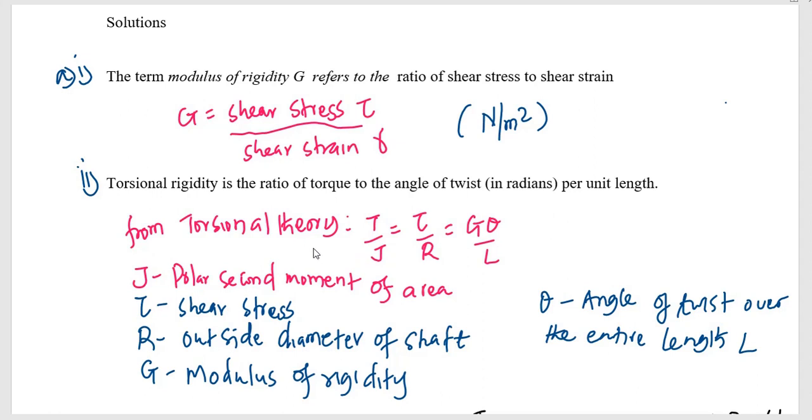If we recall torsional theory, T out of J, the torque applied divided by J, the polar second moment of area, is equal to tau, the shear stress due to this torque, divided by R, the outer radius, is equal to G theta out of L, whereby G is the modulus of rigidity, theta is the angle of twist, and L is the length of the shaft or member we are considering.